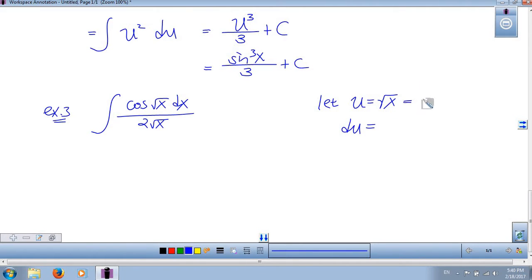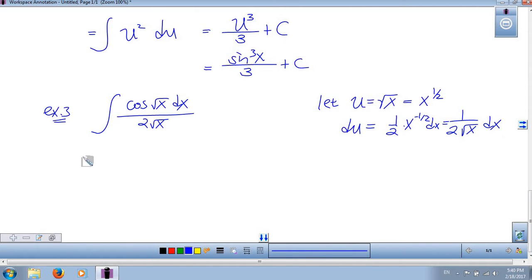Well, we treat it in power form as x to the 1/2. Then we take the derivative using the power rule, so it's 1/2 x to the negative 1/2 power. A negative 1/2 power is the reciprocal of the positive 1/2 power, so it's dx over 2 square root of x. I forgot to write dx here. And I do see that, do we? dx over 2 square root of x.